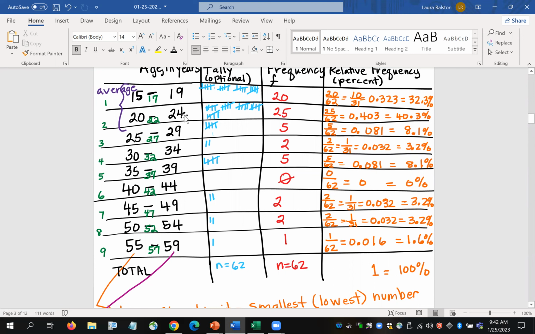Now, I'm sure there are technologies that would set this table up for you. Minitab does not create a grouped frequency distribution. So this is one thing that you need to be able to do, in a sense, by hand, paper and pencil, for class participation 5.